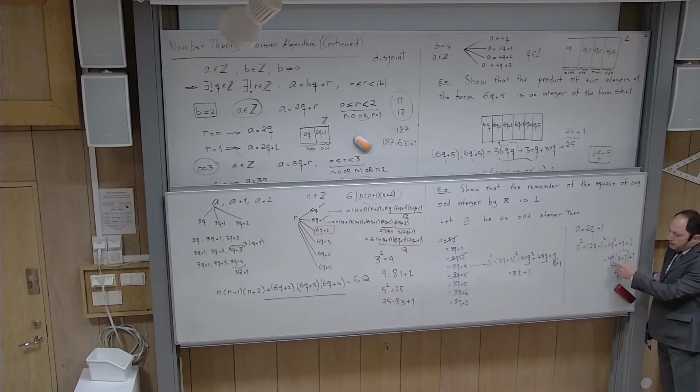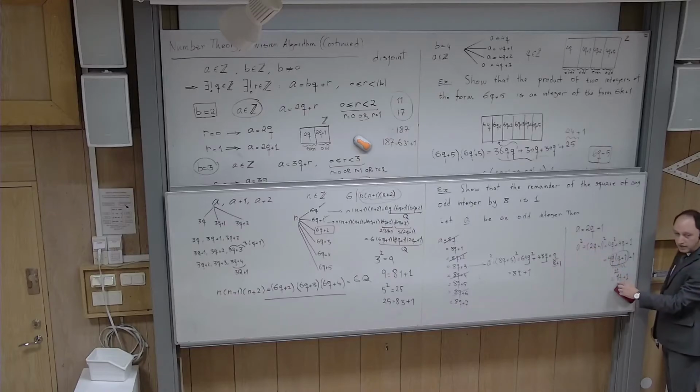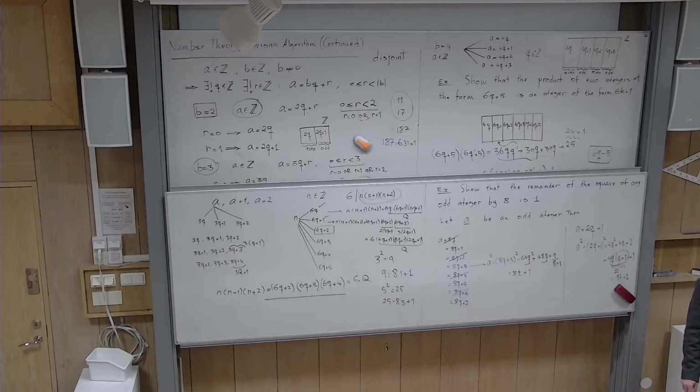So this number that I have put in this circle is an even number. When this is even, this itself is a multiple of 2, and multiplied by 4 it becomes a multiple of 8, then I have 1 there. So if I divide a squared by 8, the remainder is 1. By the way, this is acceptable as the remainder, because it is between 0 and 8. So that is one.